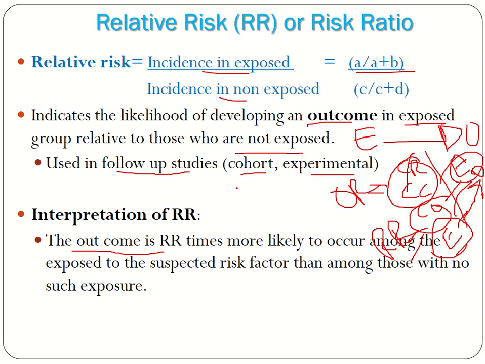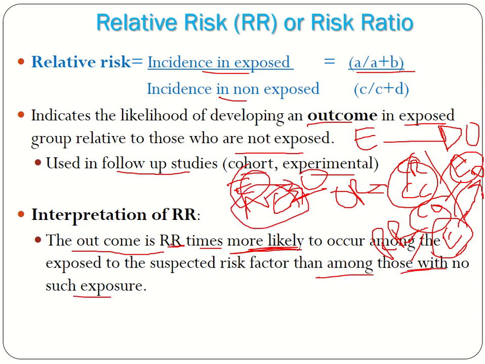It tells us whether there is a difference in outcome between exposed and non-exposed. So the outcome is RR times, any number, the result we get from the calculation. The outcome is RR times more likely to occur among those exposed to the suspected risk factor than, or compared to, those with no such exposure.